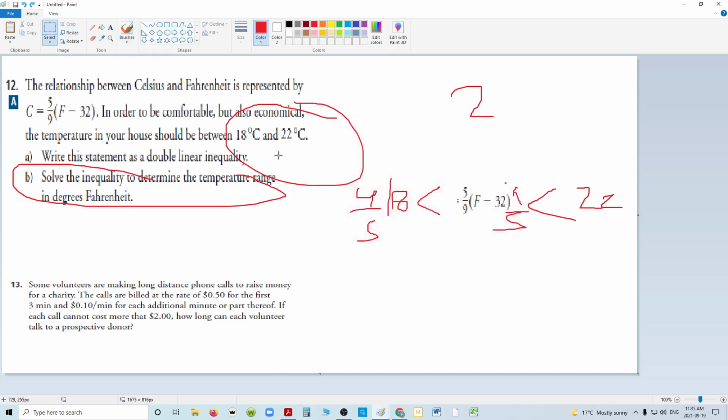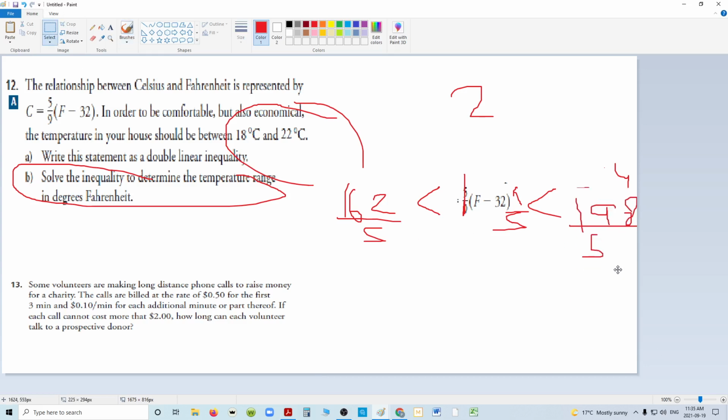Let's just leave it like that for now. And that gets rid of this. On this side, when you multiply by 9 over 5, you get 198 over 5. So that just means that when F minus 32 is between these two fractions, you're comfortable.